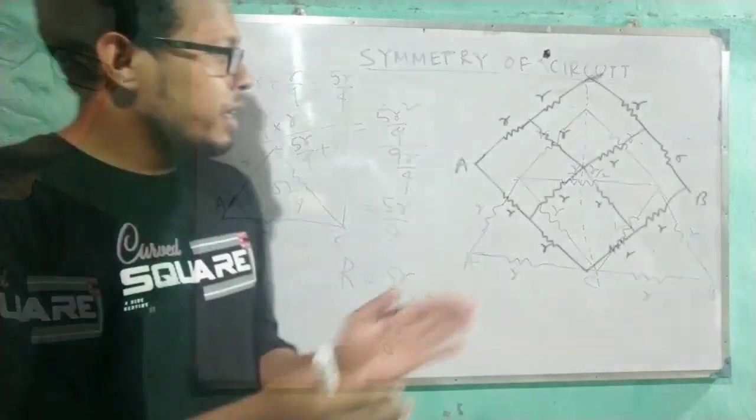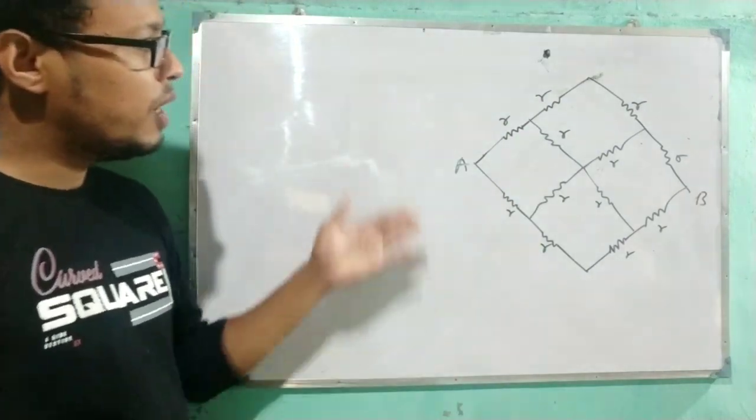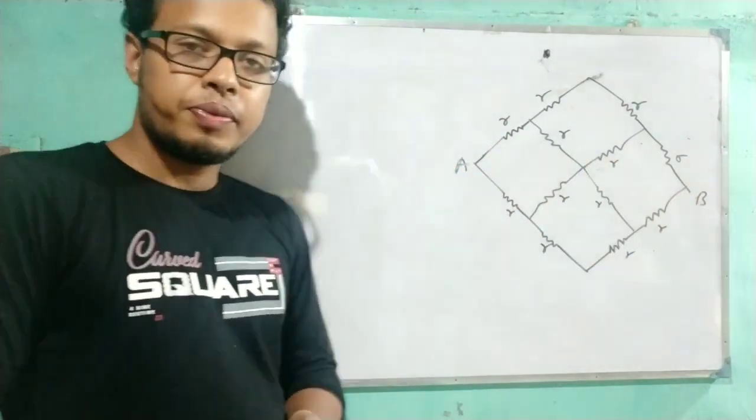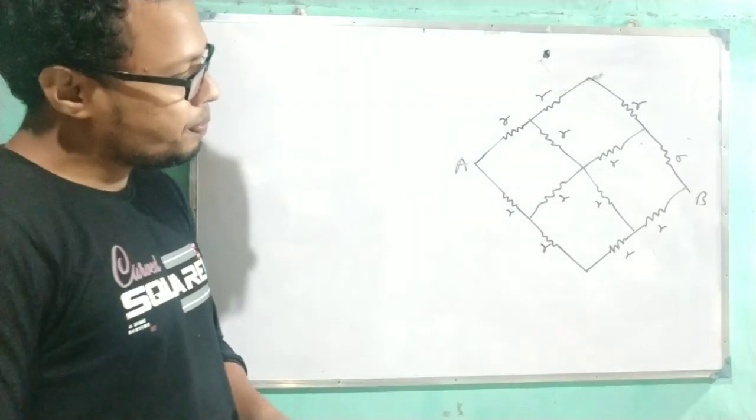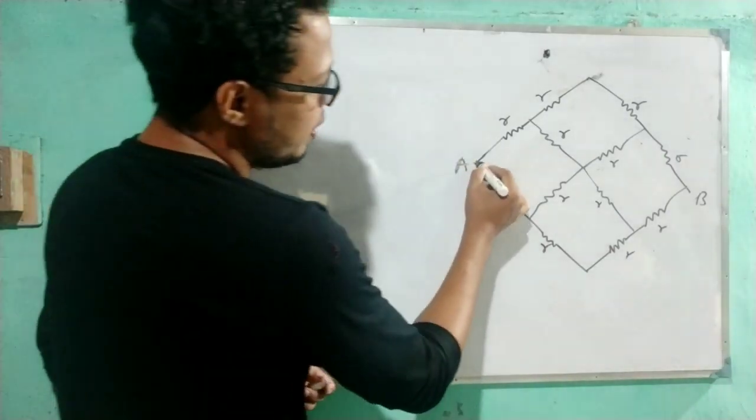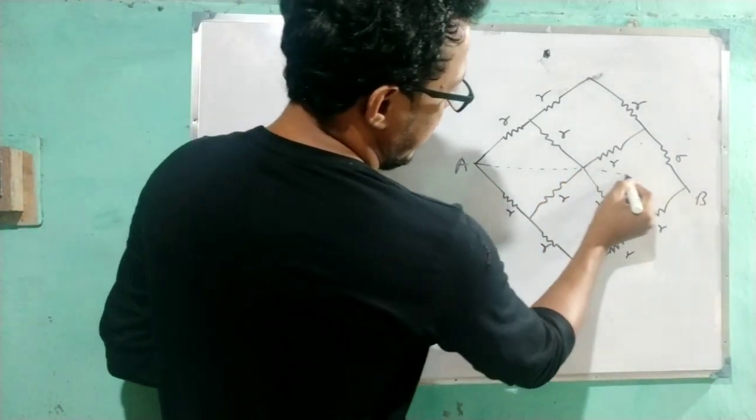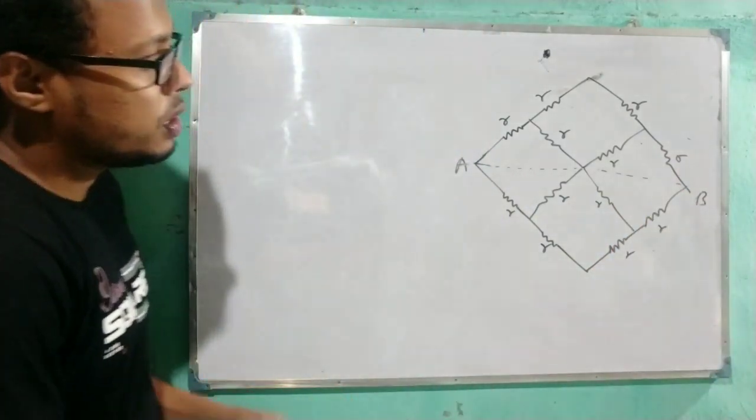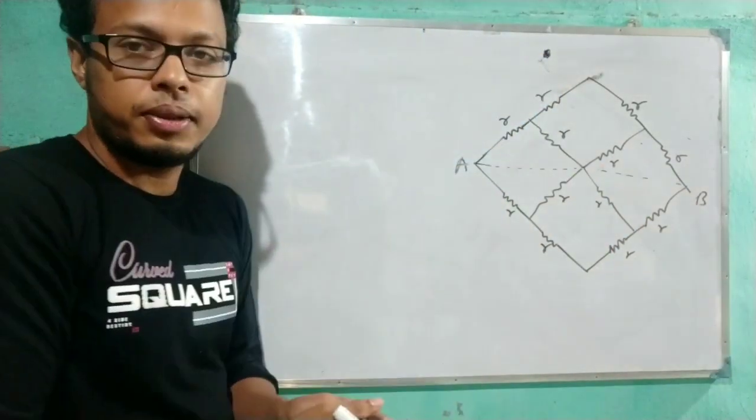Clear? Now, in the third problem, how to find the equivalent resistance in between A and B. Here I will imagine one line across A and B by which I can fold the circuit.